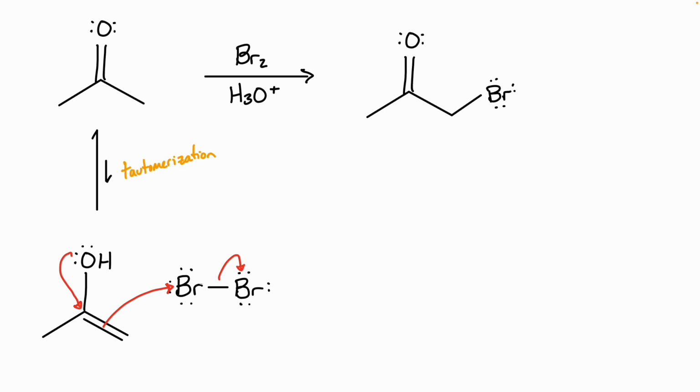And notice that that is going to direct that bromine specifically to that alpha carbon, right? It doesn't give it a chance to react with that carbonyl carbon. It's going to force it onto that alpha carbon.